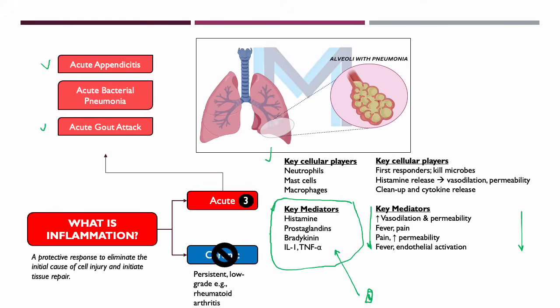Gout flares are driven by uric acid crystal depositions in our joints, which activates the inflammasome and recruits neutrophils. And we will see the classic signs of a red, swollen, intensely painful joint. It's often on the big toe, and it has a quite rapid symptom onset. We do have a lecture dedicated to gout, so check that out.